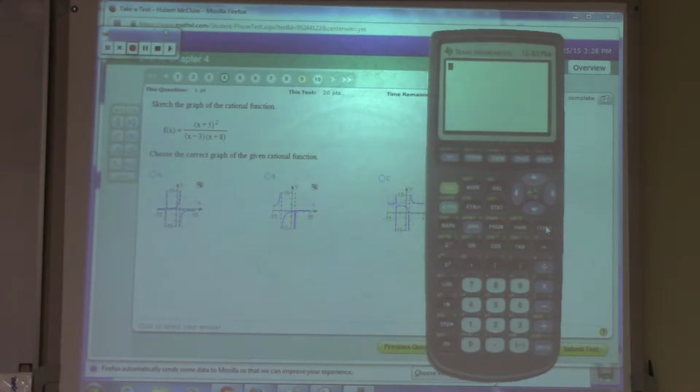You gotta have enough parentheses. y is equal to parentheses, x plus 5, quantity squared, divided by parentheses, x minus 3 times x plus 8. I hope it don't blow up. All these parentheses. Graph.